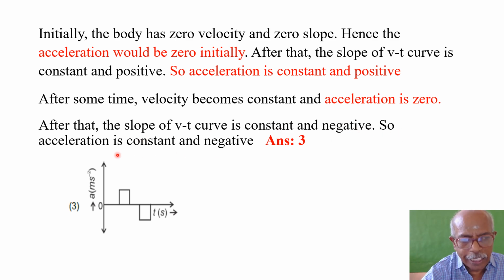So acceleration is constant and negative. Acceleration is constant and also in the negative direction. So this is the figure that best suits the acceleration versus time graph of the motion represented by the graph given in your question.